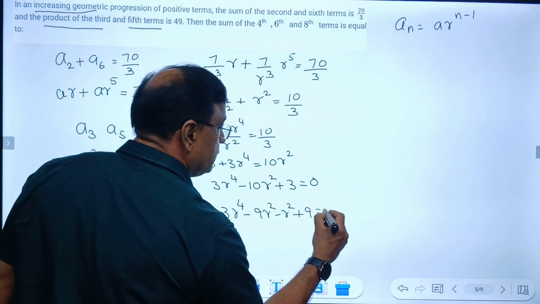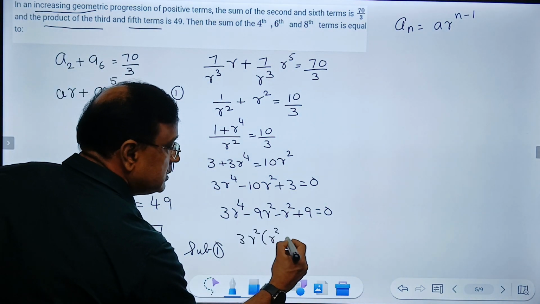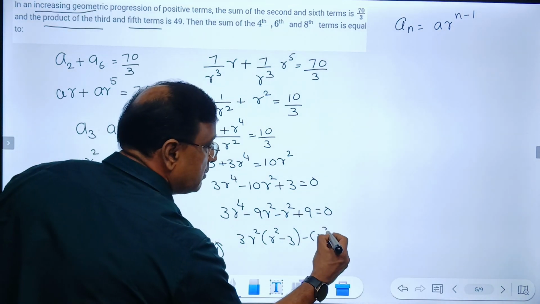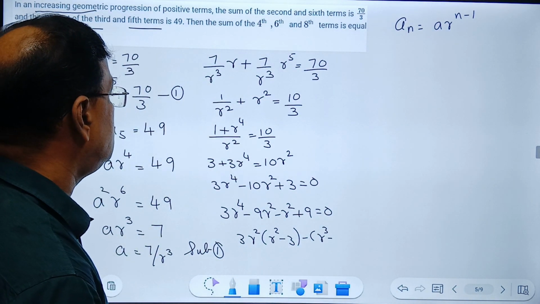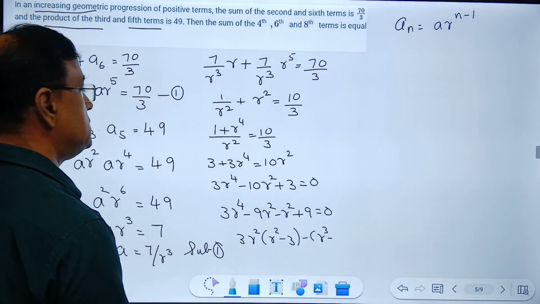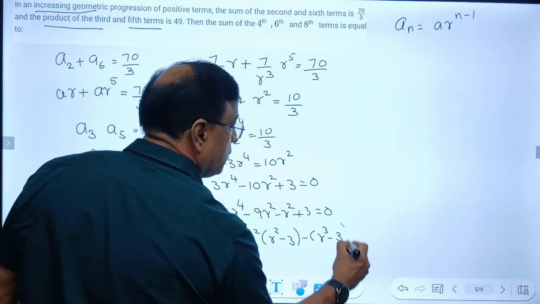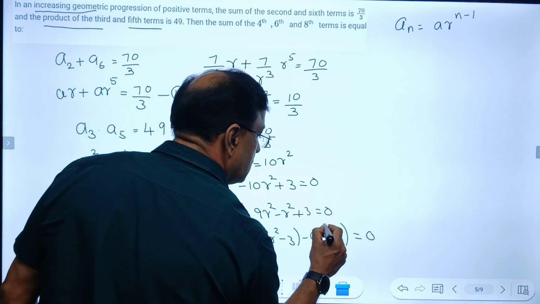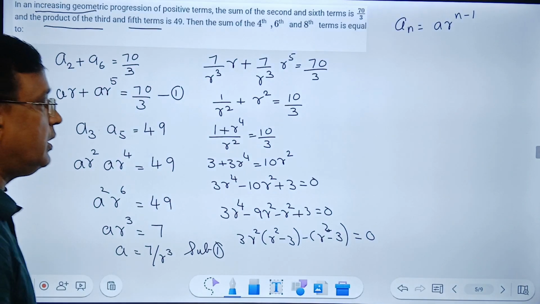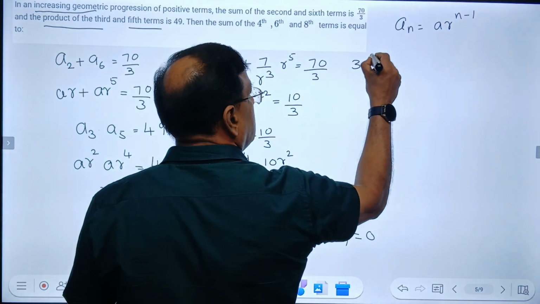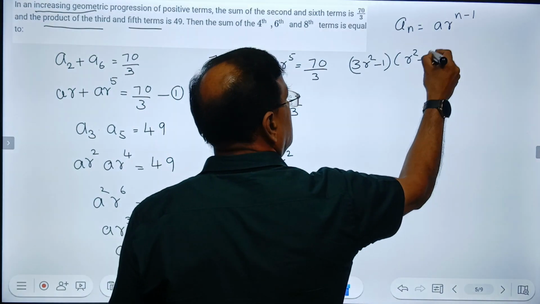So 3r square is common. I think I made a mistake, this is 3, I'm sorry. So from this, what do you get? 3r square minus 1 into r square minus 3 equal to 0.